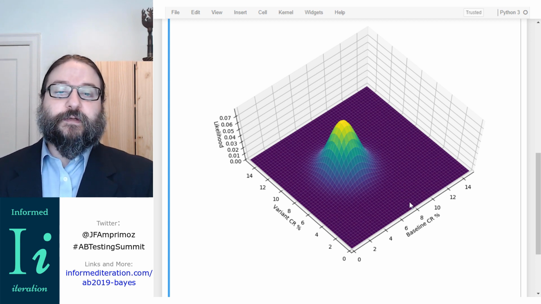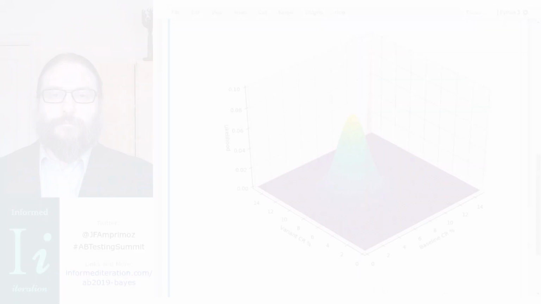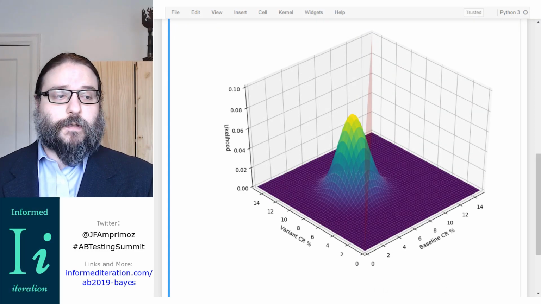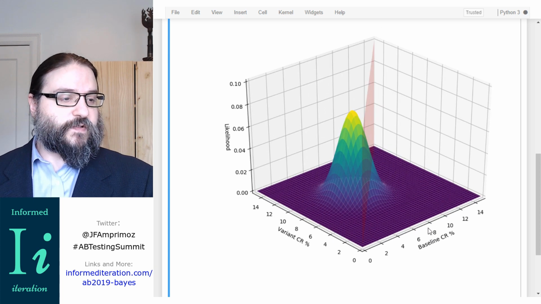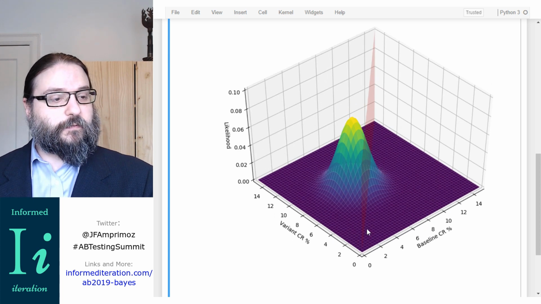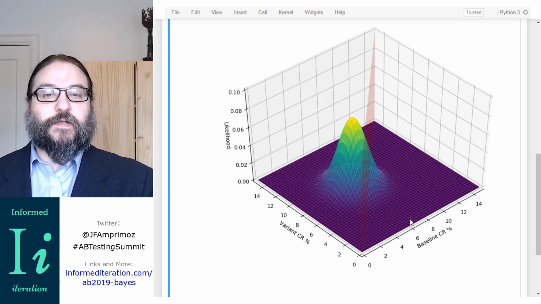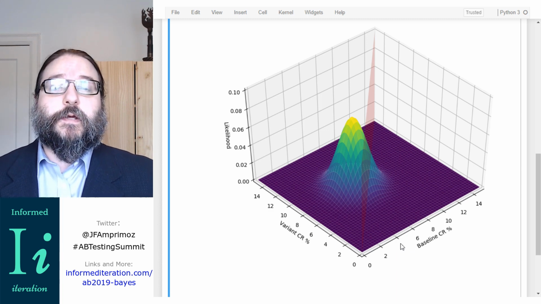So I'm going to add one little thing to this graph and we'll take another look. So all I did here was add a flat surface going through where the variant and baseline conversion rates are equal.